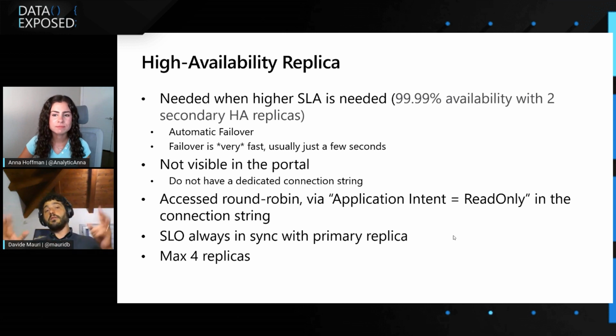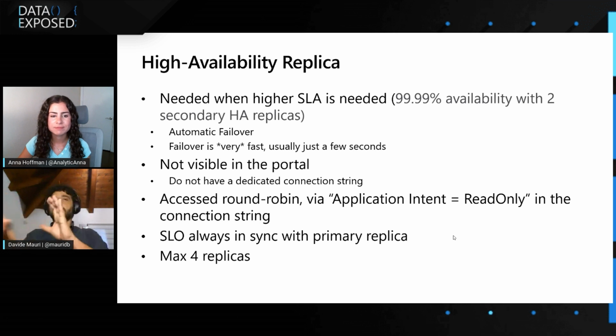In general, you can only, in quotes, have 4 replicas, which is usually more than enough for an SLA, because if you need 99.99% availability, you can achieve that using only 2 additional secondary replicas. If you need more, you can even increase the number of replicas or do the scale out read-only. But as you can see, they are very good for HA.